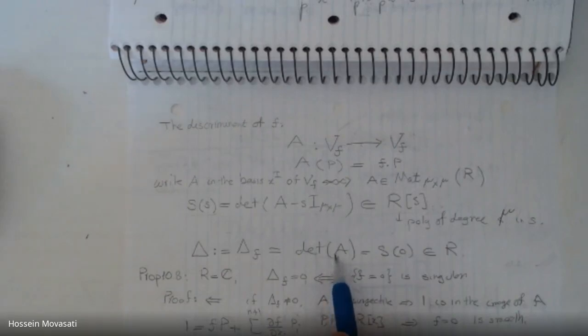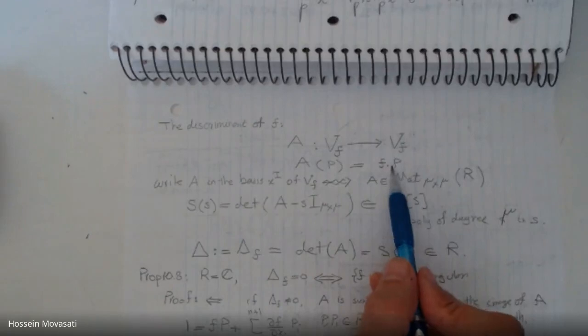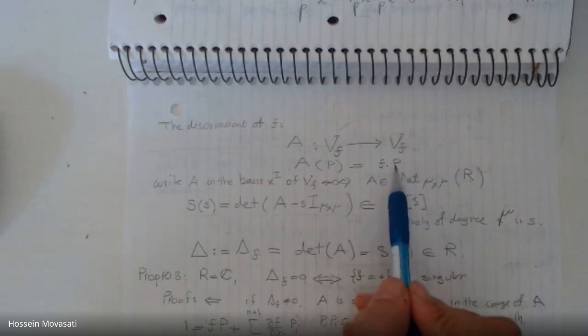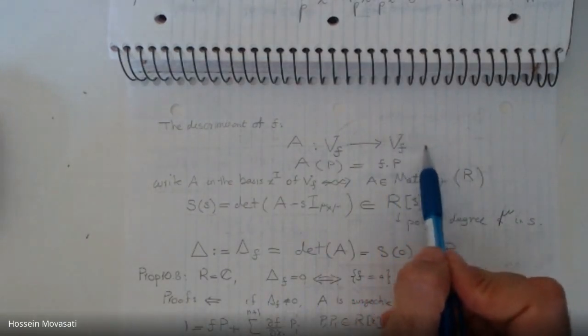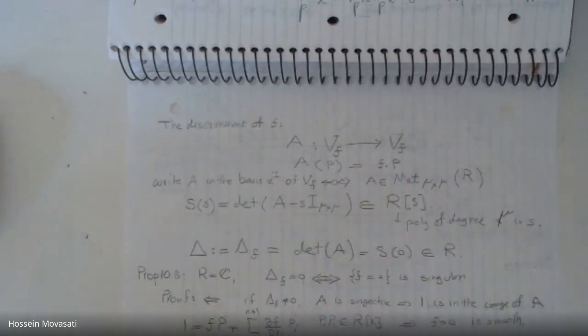For this one, you have to go to the definition of the discriminant. You see, delta f is just the determinant of multiplication by f, and if you multiply any element in V_f by it, it will be in the image of your map. You just get it from the definition of the discriminant.